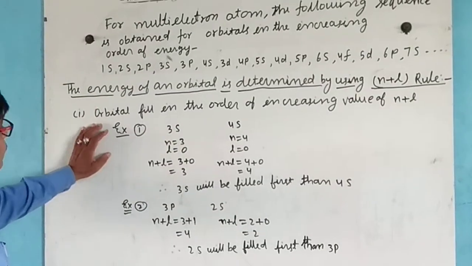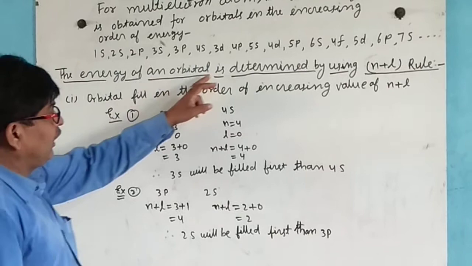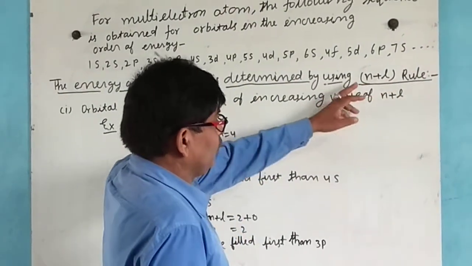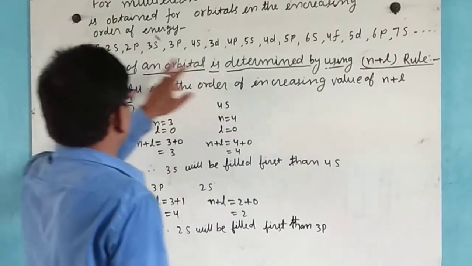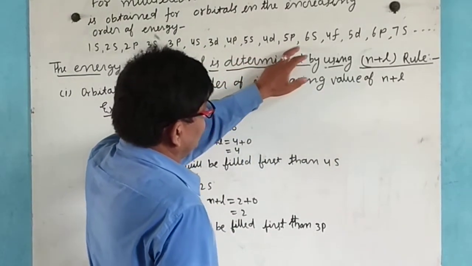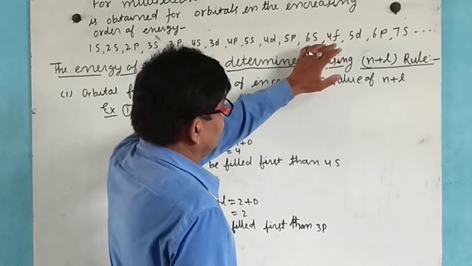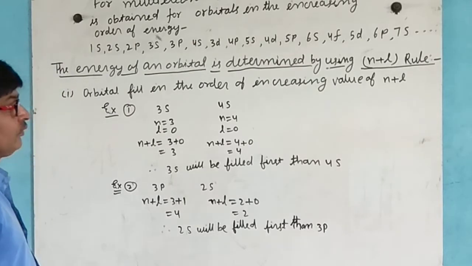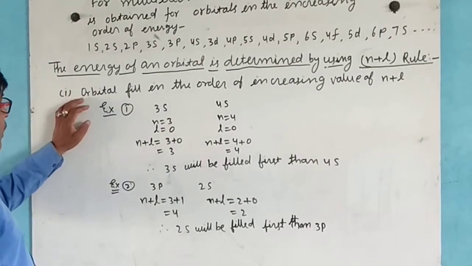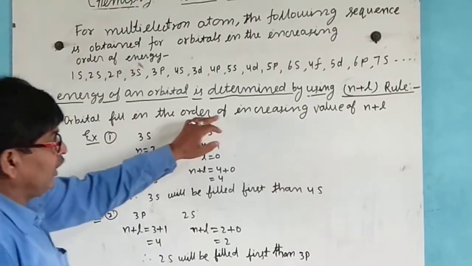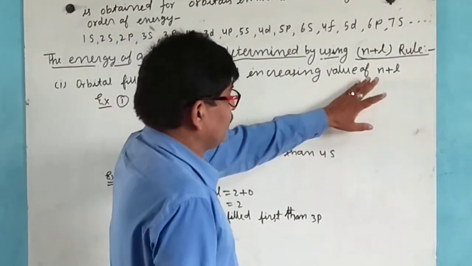Now the energy of an orbital is determined by using the n plus l rule. With the help of this rule, these orders will be written here. Orbitals fill in the order of increasing value of n plus l.